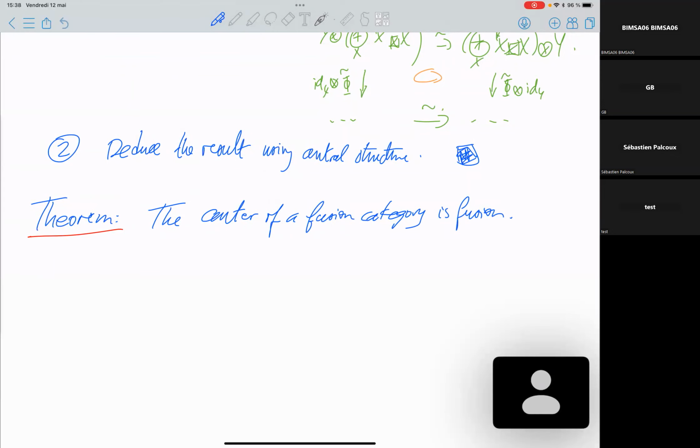So proof. Consider a fusion category. So let C be a fusion category. As I said, we already know that its center is a finite tensor category.